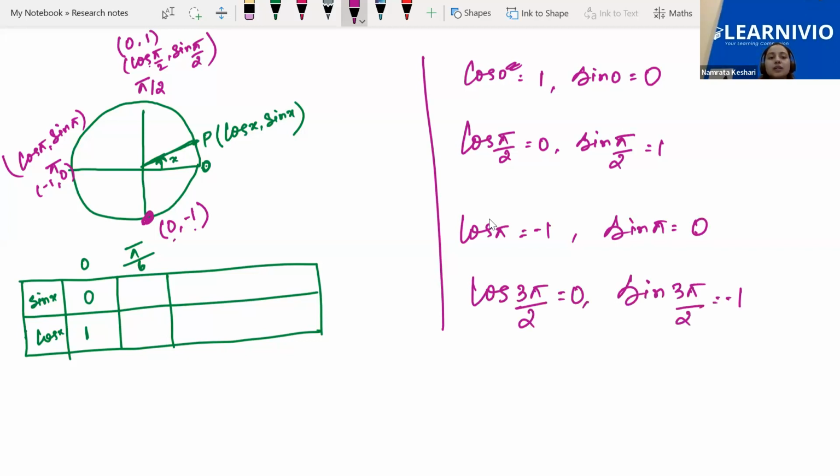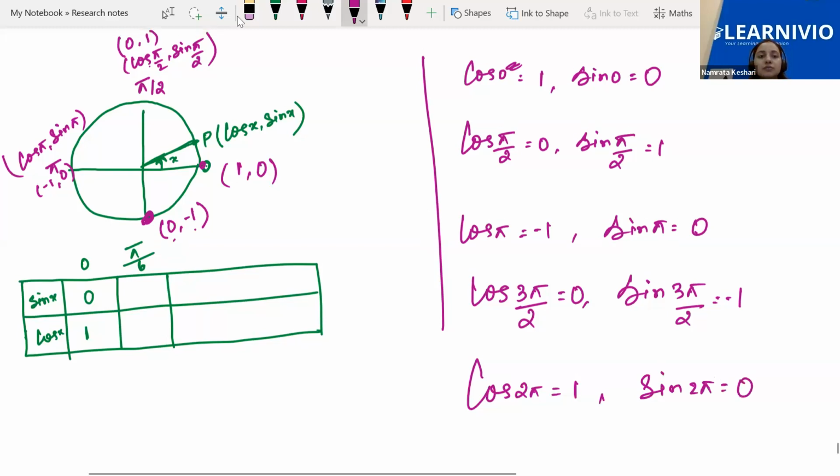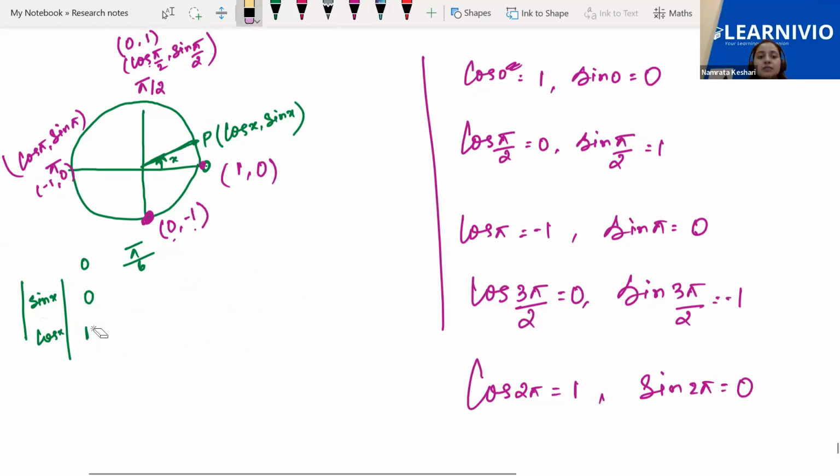Okay, and again at 2 pi, the coordinate was 1 comma 0, cos 2 pi is 1, sin 2 pi is 0. This much discussion we have already done. Yes or no? Alina? Yes. Now let's make the graph of sine theta.